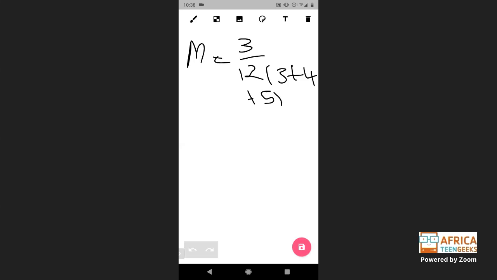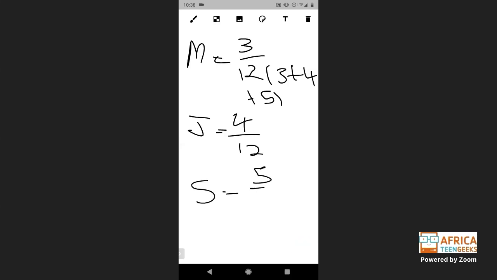That's how we got our 12, right? Okay, so let's have a fraction for Jenny. Jenny will receive 4/12, right? And Siyabonga has more money, 5/12. You know how we received this 12, right? So we have answered our first question.